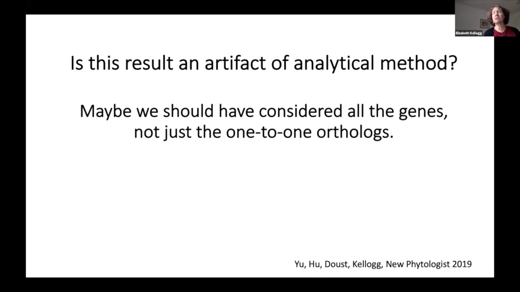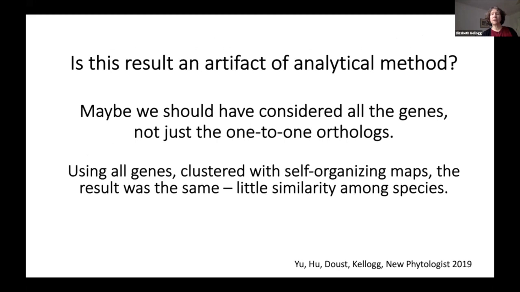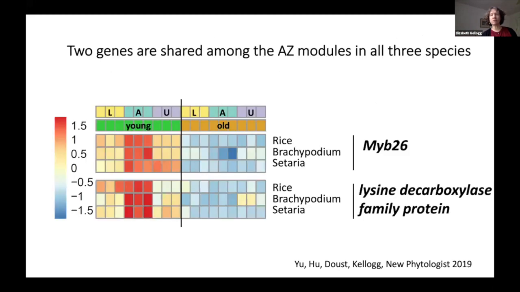Maybe we should be considering analyzing things slightly differently in terms of which genes we included and how we did the comparison. We did a completely different analysis, and we got exactly the same result. In fact, in the second analysis, we only got 2 things overlapping, although they were 2 of the same ones we saw in the first one.